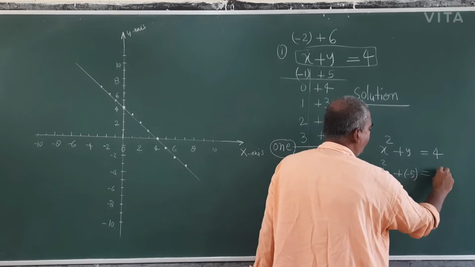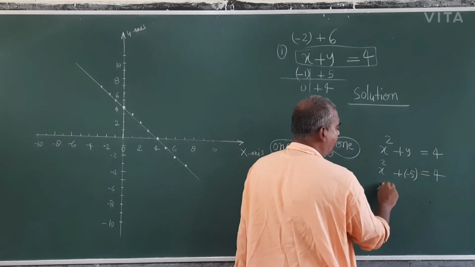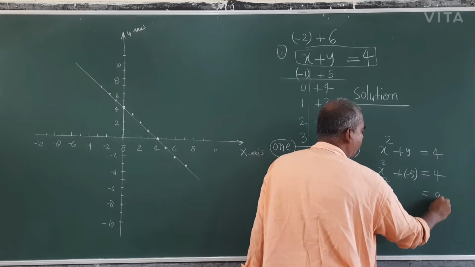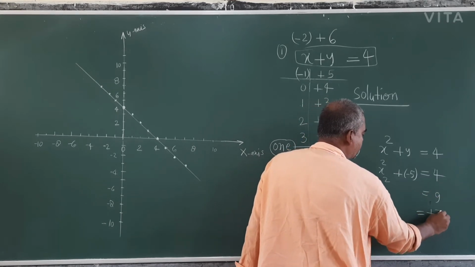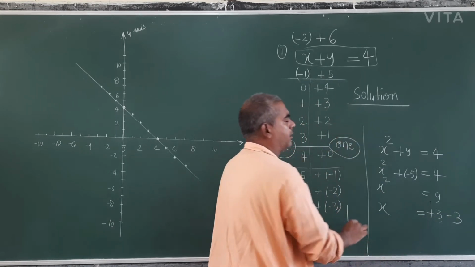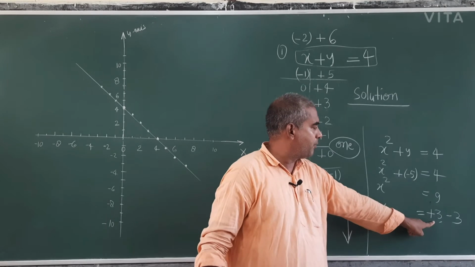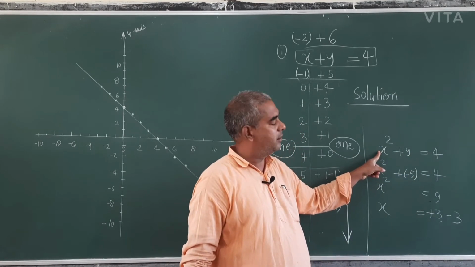This is 4. So this is minus 5, that will become here 9. So x square is equal to 9 and you will get two values of x. What? Plus 3 and minus 3. For each value of y, you get 2 values of x.